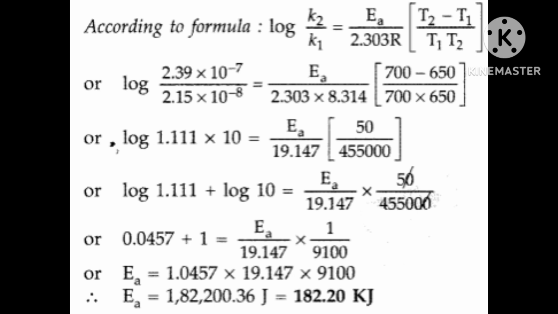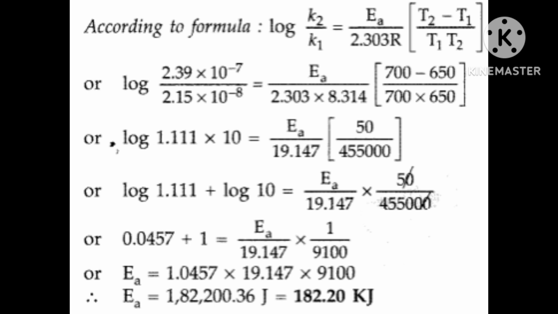In the beginning, at time 0, the N2O5 pressure was 0.5 atm as per the question, and N2O4 and O2 were 0.